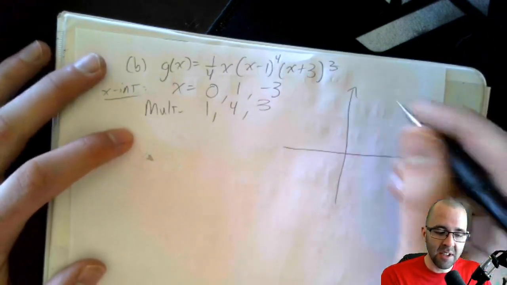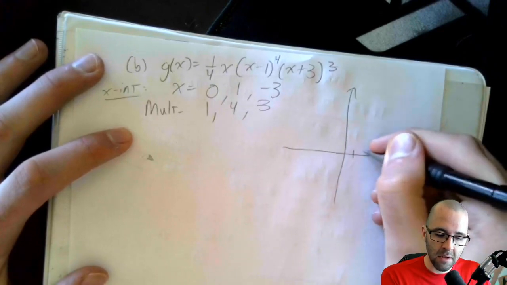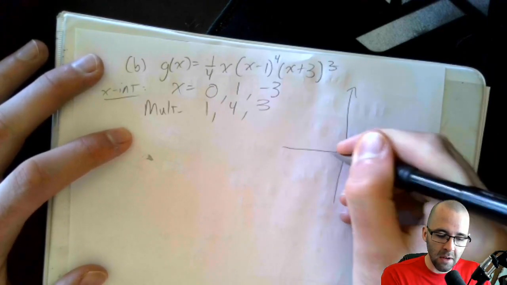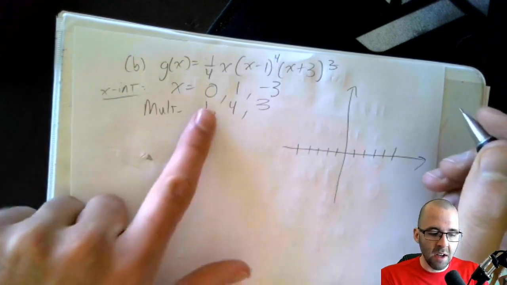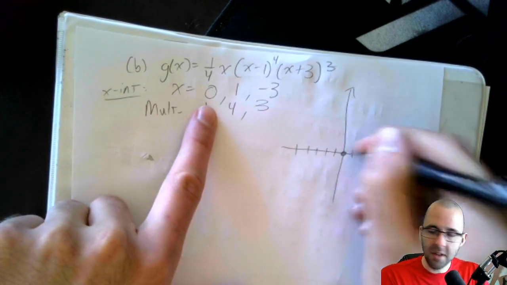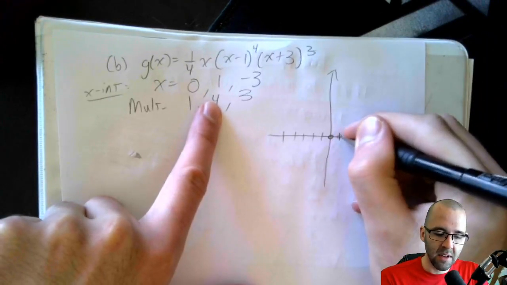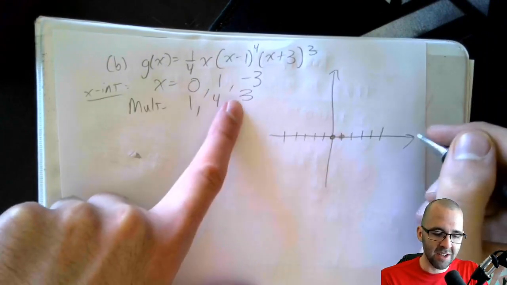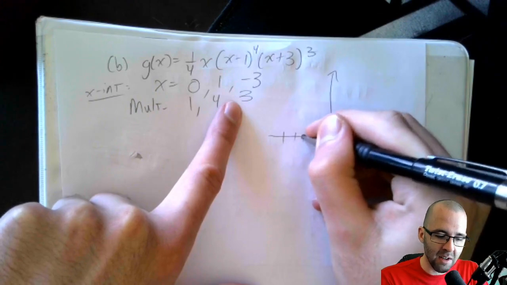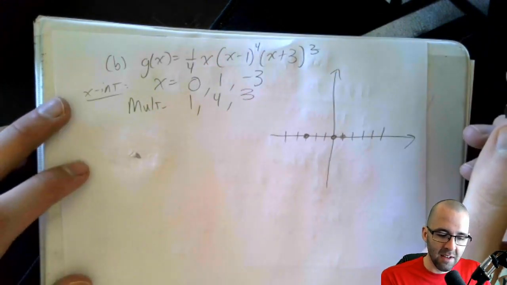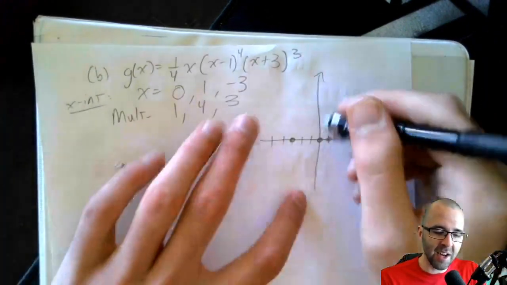So let's include these x-intercepts. X equals 0, that's here. X equals 1, that's here. Oh, should have made my graph a little bigger. And -3.